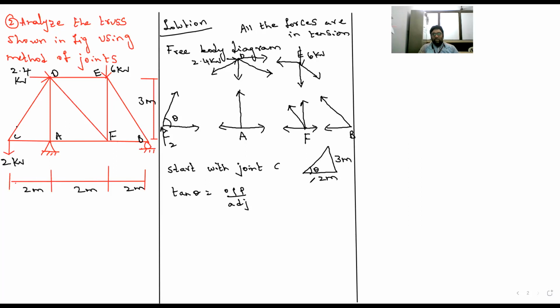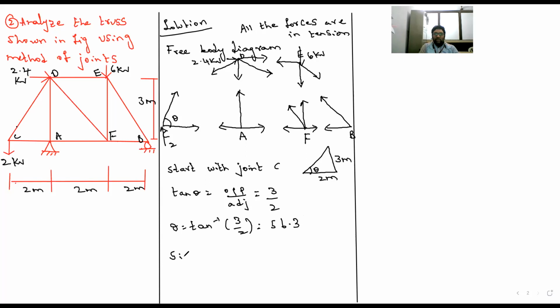So tan theta is equal to 3 by 2. Theta is equal to tan inverse 3 by 2, which is equal to 56.3 degrees.